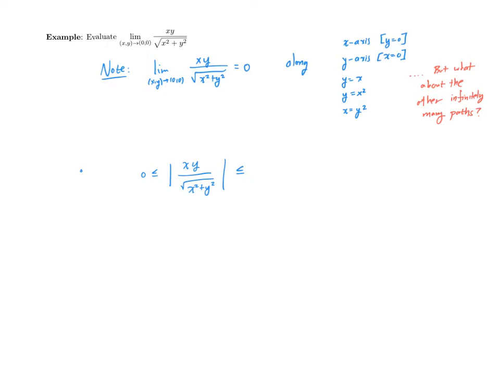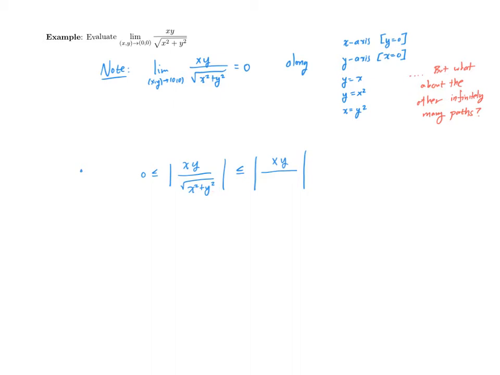Just to give you some intuition, I'm looking to use the squeeze theorem. With that in mind, if I would like to get a larger quantity, there are 2 perfectly good ways we investigated in Calculus 2 when we were dealing with convergence of series and our different tests for convergence. You can make the top bigger, which I have not done here, or you can make the bottom smaller.